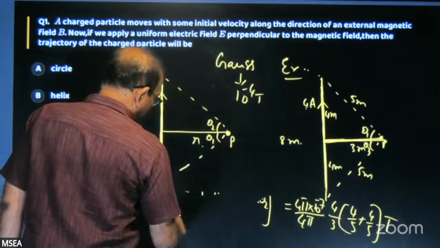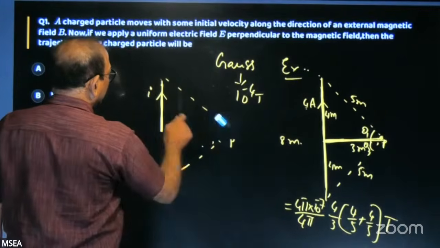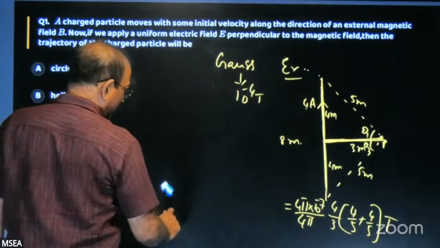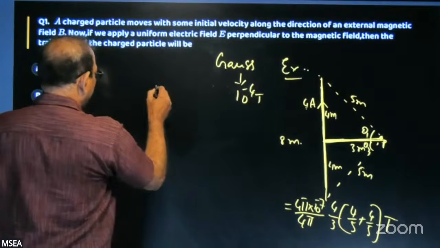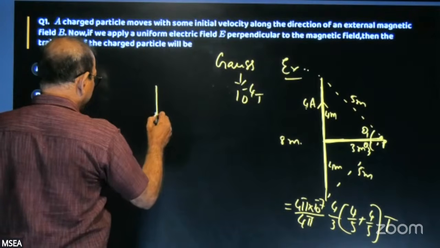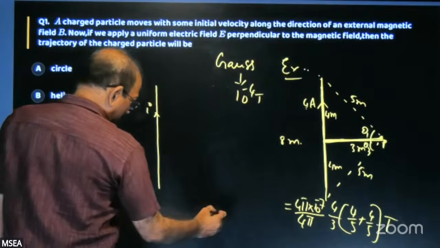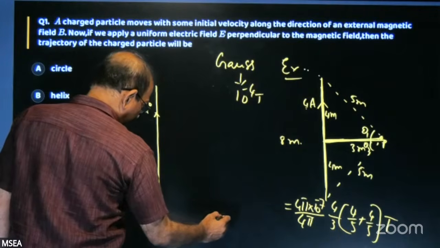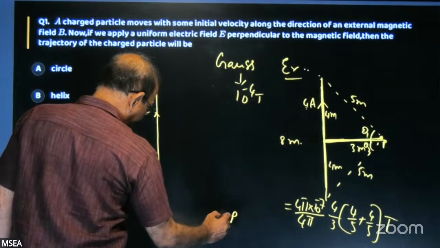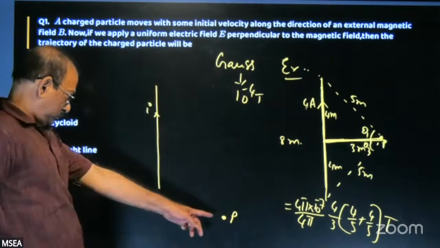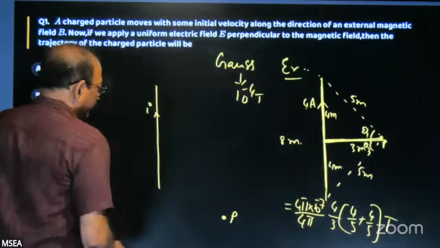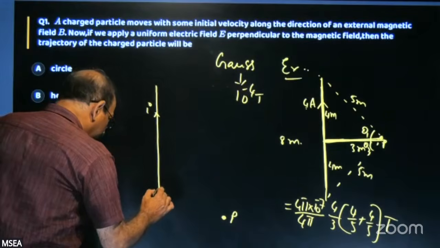For example, for a wire of finite length, the point is somewhere here. You want to find magnetic induction at this point. Then what to do?